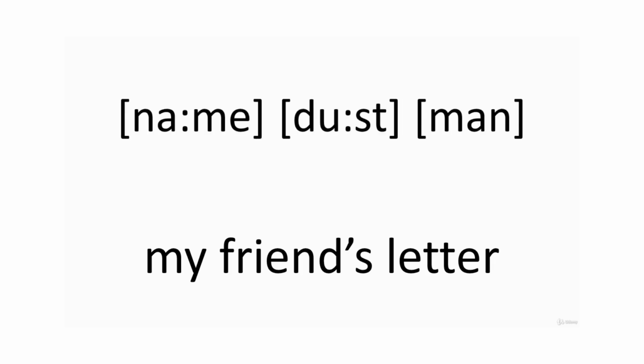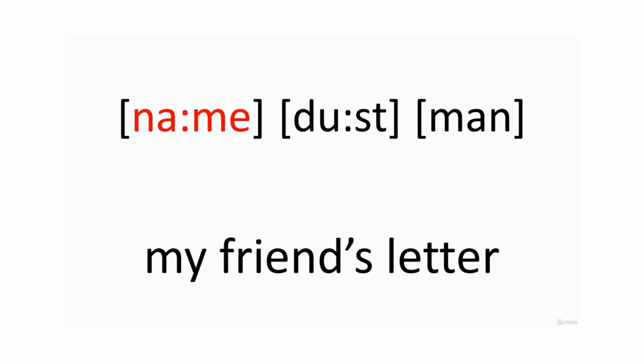Here is another example. As you're doing very well, we're going to add three words this time. My friend's letter. What's the main thing we're talking about? Friend or me or letter? Yes, it's letter, name. Now, who does letter belong to?